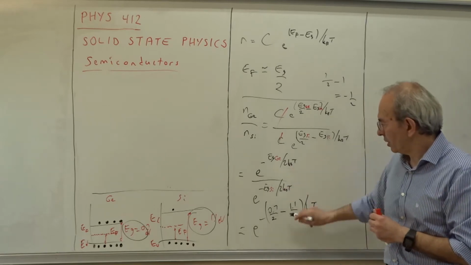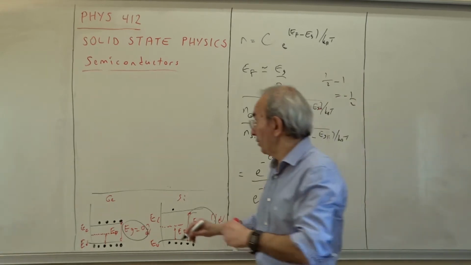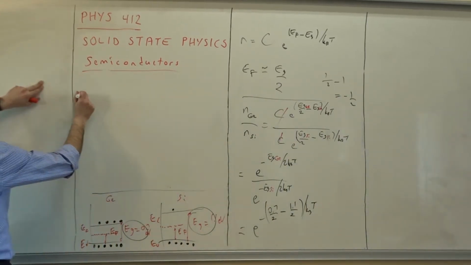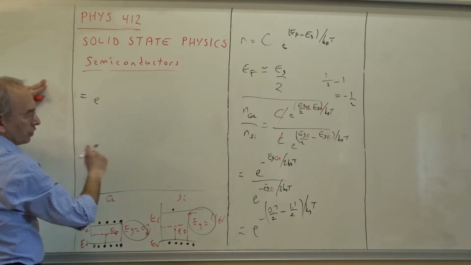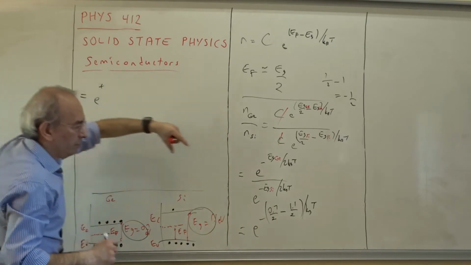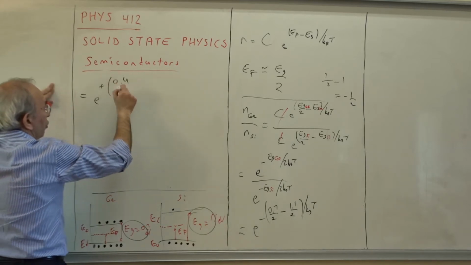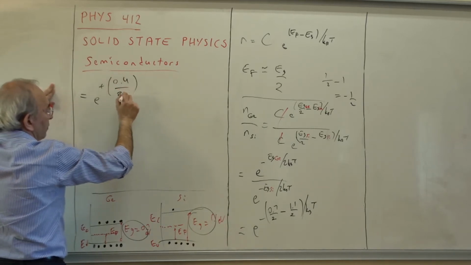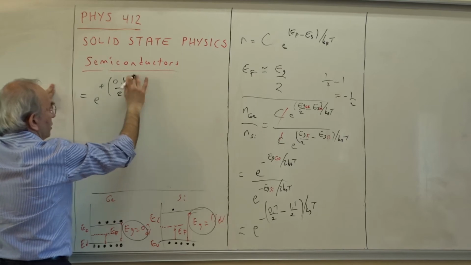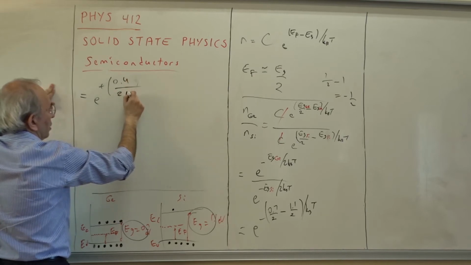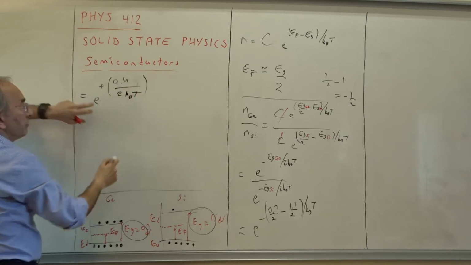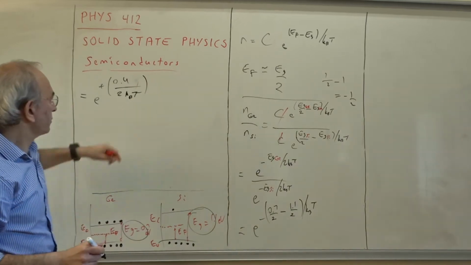This is just a positive term. The ratio is e to the power, now positive because 1.1 minus 0.7 is 0.4, divided by 2, and KBT here also. So this is the value we want to find.